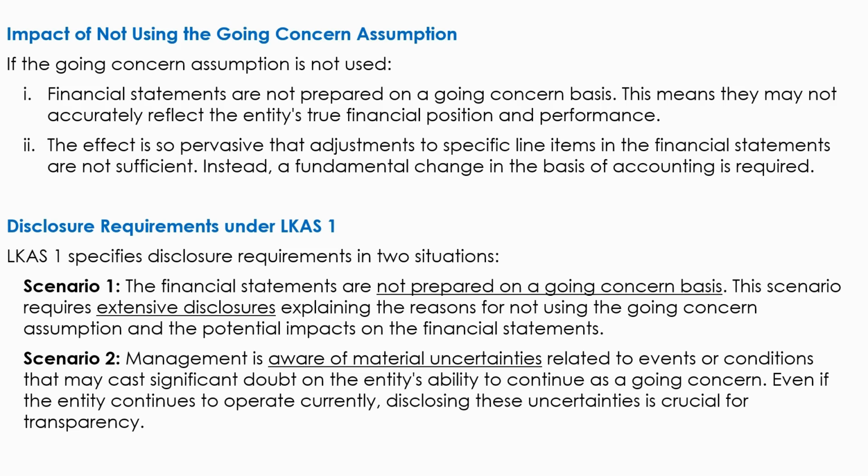The second scenario involves situations where significant uncertainties exist, even if the entity continues operating for the time being. Disclosing these uncertainties allows users to understand the potential risk to the entity's future viability.